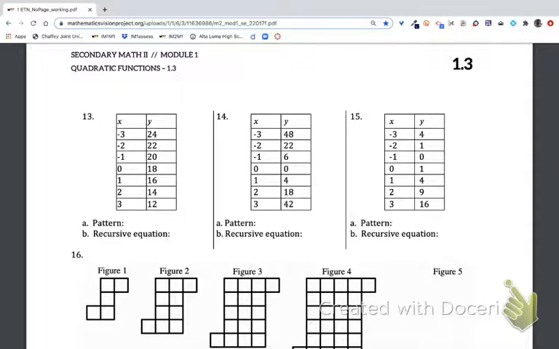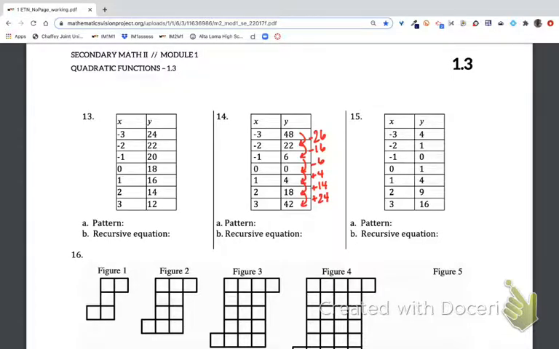For number 14, things get a little bit more interesting because I'm going to, again, try to find a pattern to see what's happening. If I subtract 16, subtract 26, and then subtract 16, and then subtract 6, and then add 4, and then add 14, and then add 24.